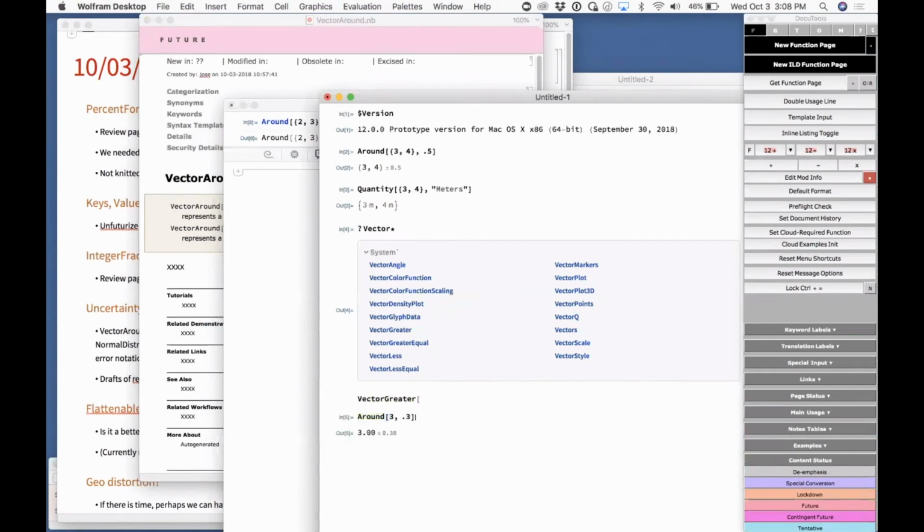So if I say this greater than around -3.1, it can't do it. This doesn't work right now, but the idea is to compare the widths of the, like an interval. So exactly. Do you think that's the right thing to do?